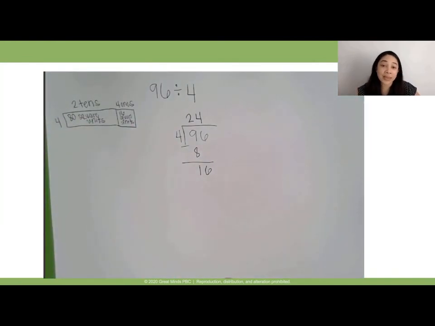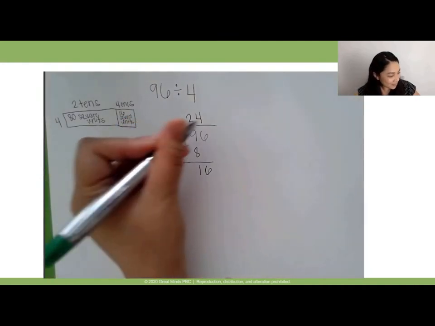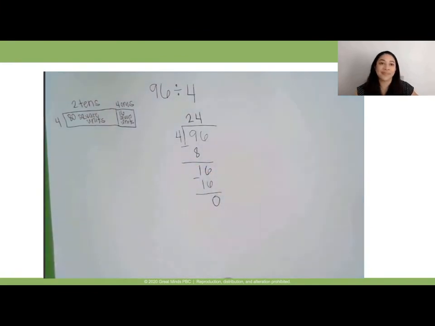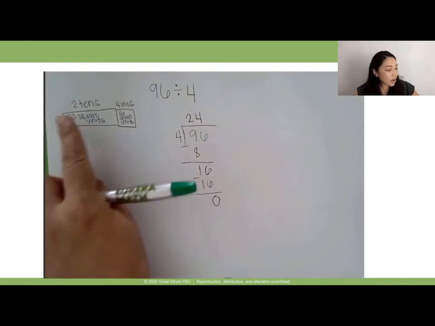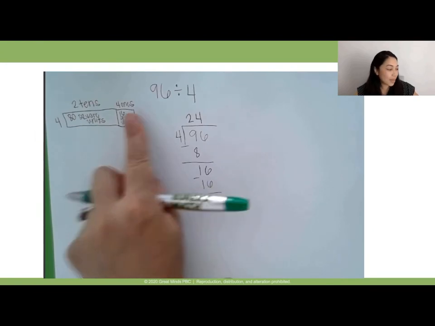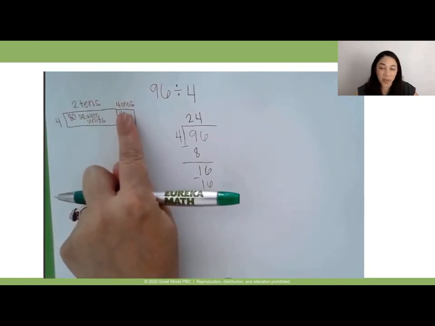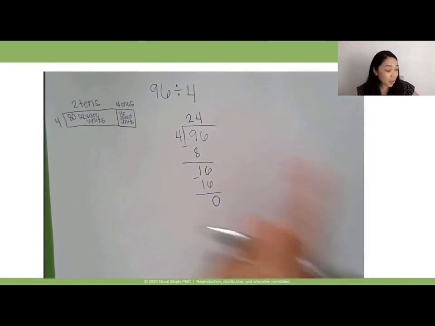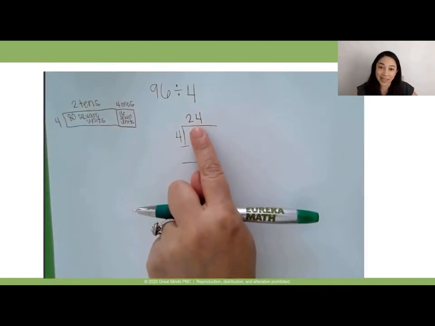We had 16 square units to divide, and we did. We have no more area to divide. So what is the length of our unknown side? 2 tens, 4 ones, or 24. And our quotient tells us that length.